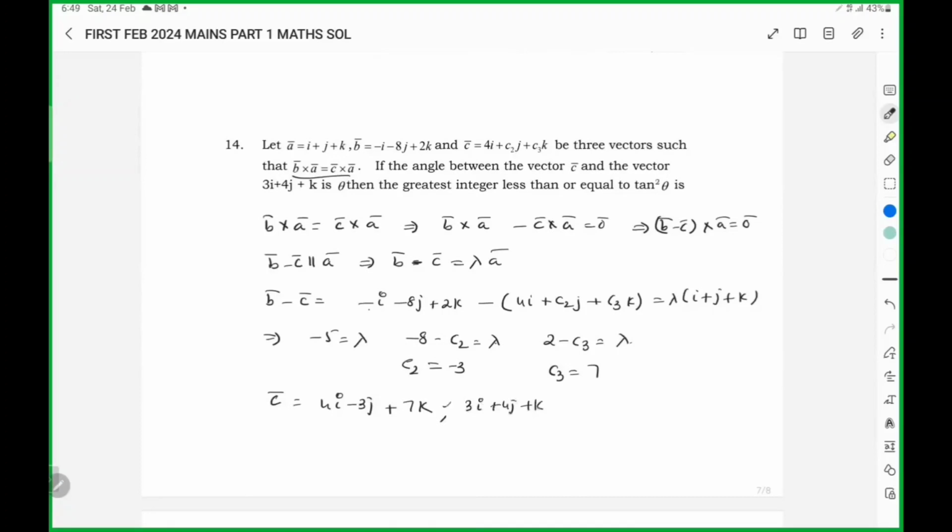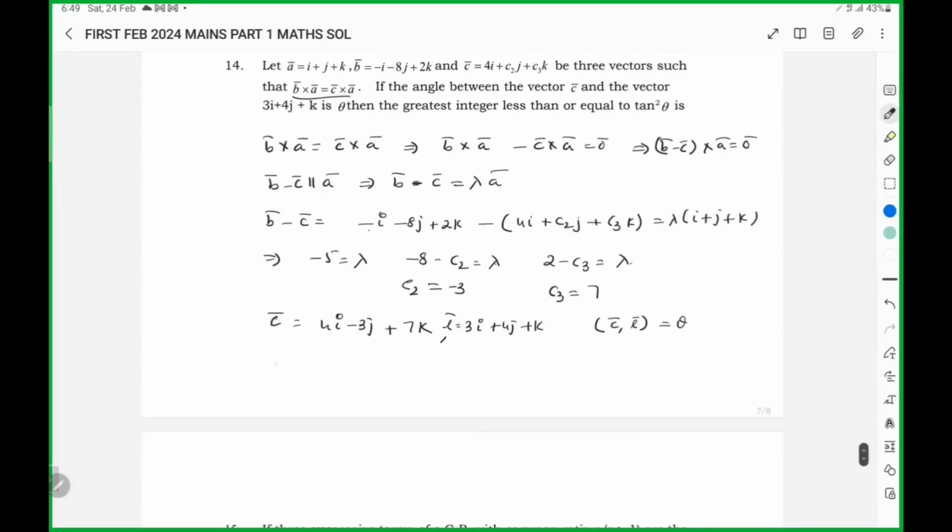And the unknown vector given, let us name the unknown vector and take the angle between C and it as theta. So here cos theta will be 12 minus 12 plus 7 by root of 16 plus 9 plus 49, times root of 25 plus 1, which is 7 by root 74.